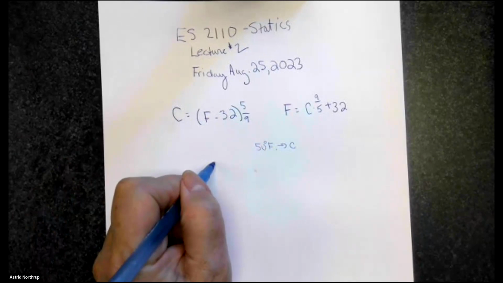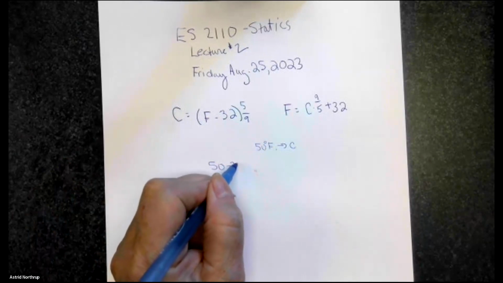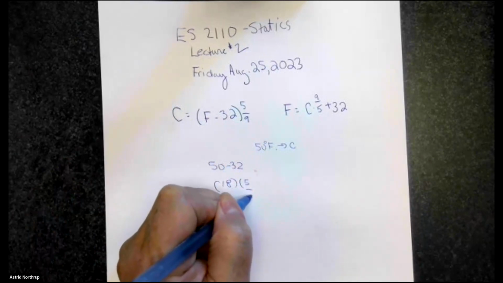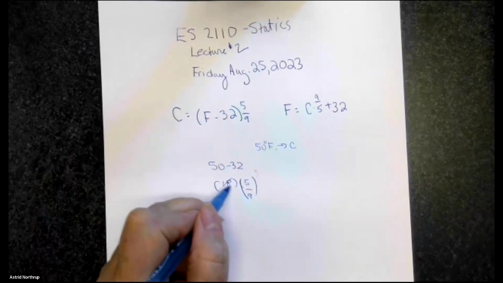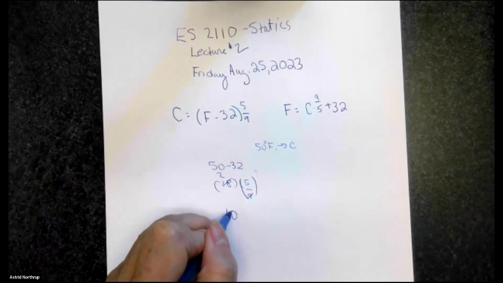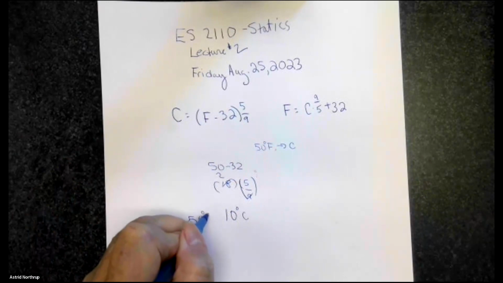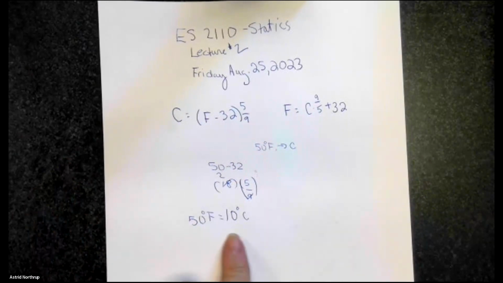You would take 50, subtract 32, which would give you 18, and then multiply that number by 5/9, and that would be 10. So in other words, 50 degrees Fahrenheit is equal to 10 degrees Celsius, okay?